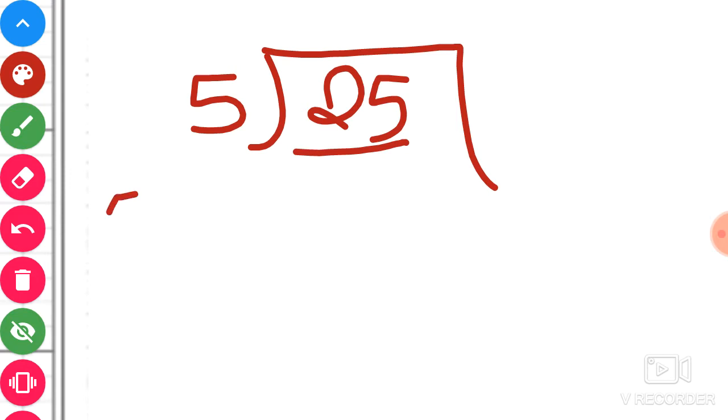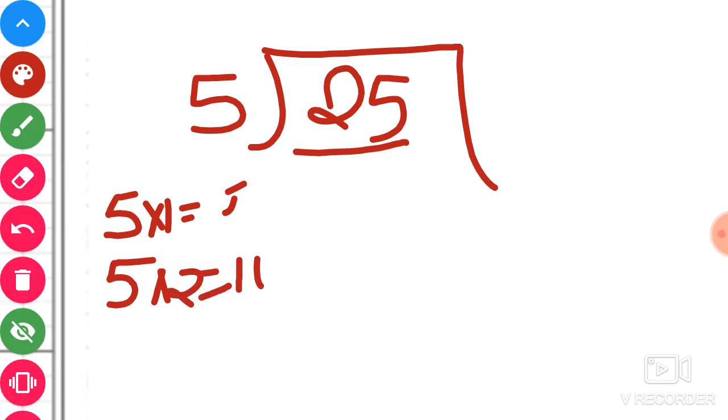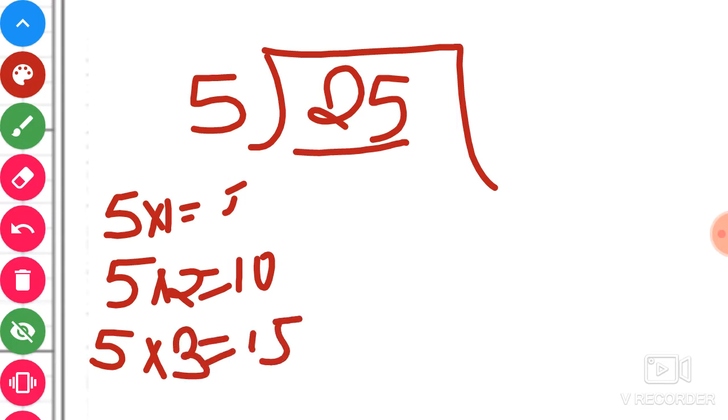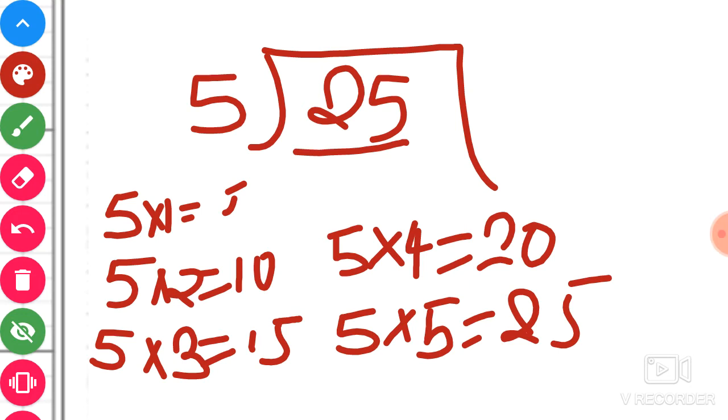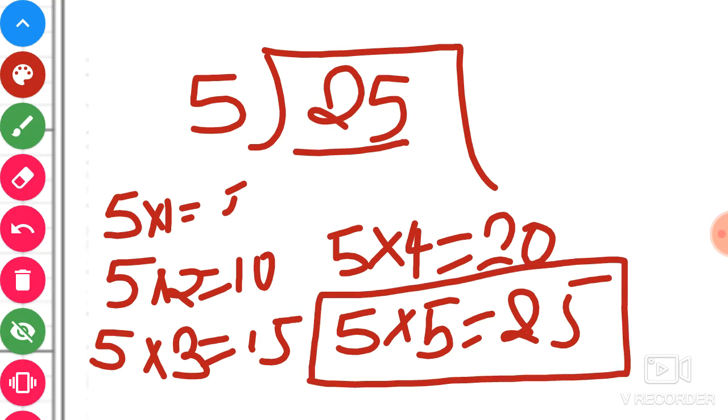Let us see. 5 ones are 5. 5 twos are 10. 5 threes are 15. 5 fours are 20. 5 fives are 25. Good. So we have got 5 fives are 25.